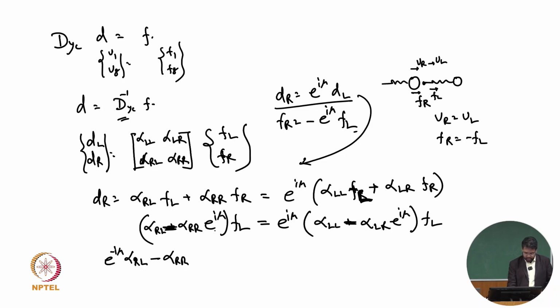So if I divide it, that will cancel out, minus alpha LL plus alpha LR e to the power of i mu into F_L, that is equal to 0.